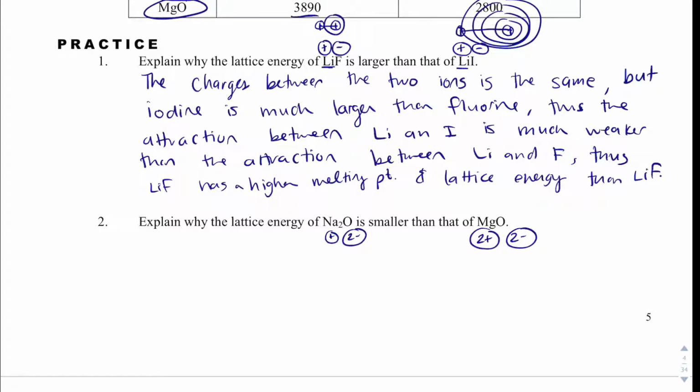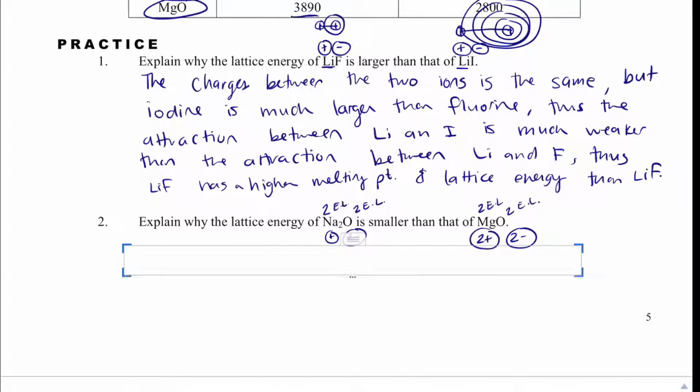And so sodium ion has 2 energy levels because it's Na+1. Oxide ion has 2 energy levels as well. Magnesium ion, because it's Mg+2, loses its 3rd energy level and has 2 energy levels. And oxygen has 2 energy levels.